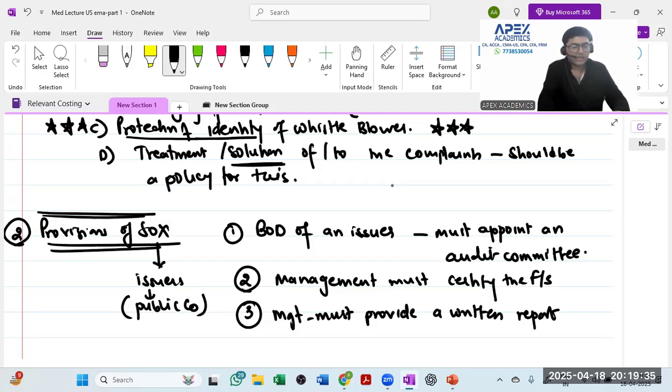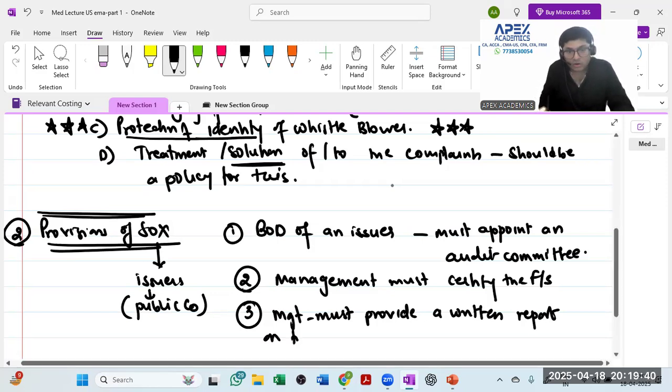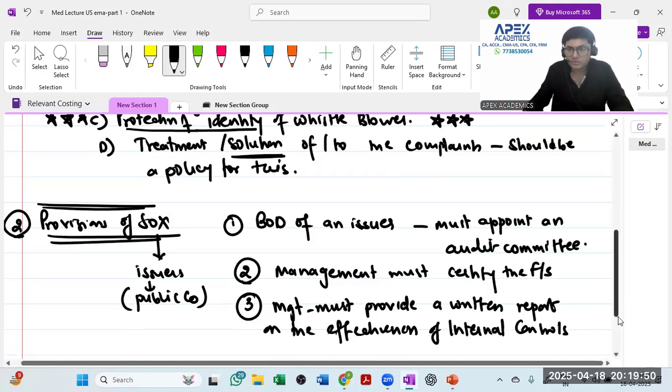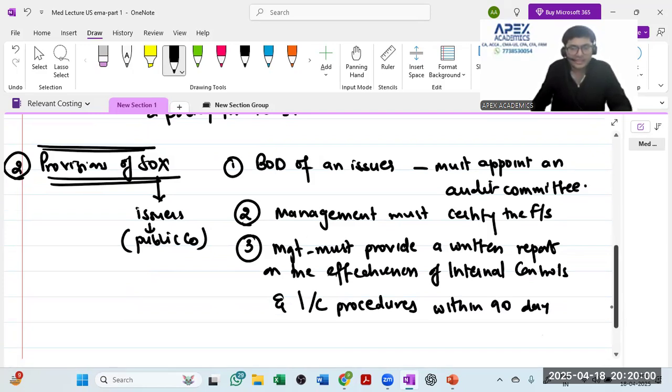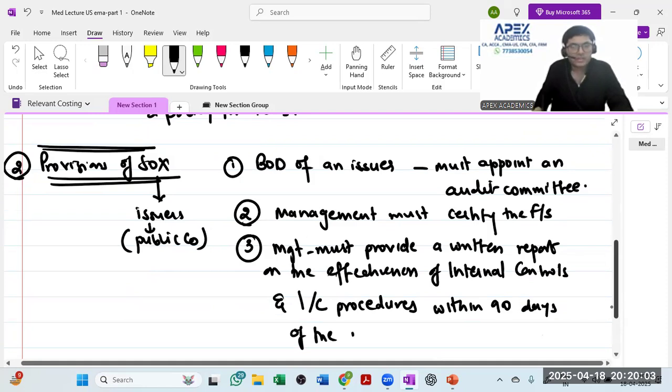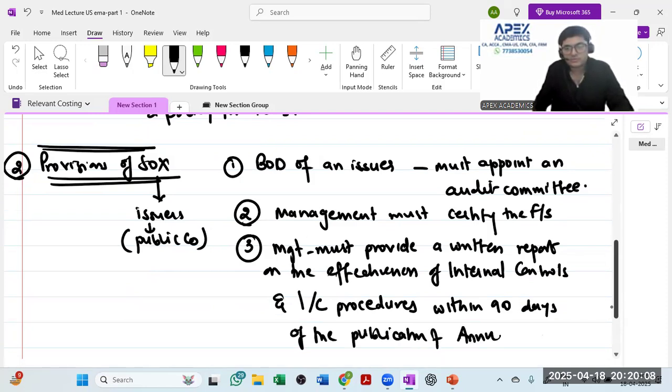What about this written report is important? The written report on what? On the effectiveness of internal controls and internal control procedures within 90 days of the publication of the annual report.